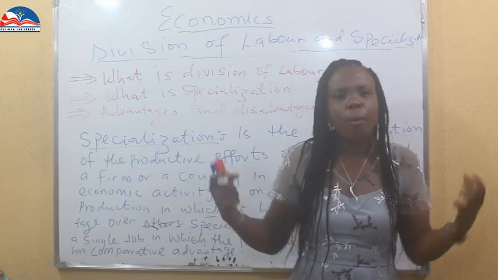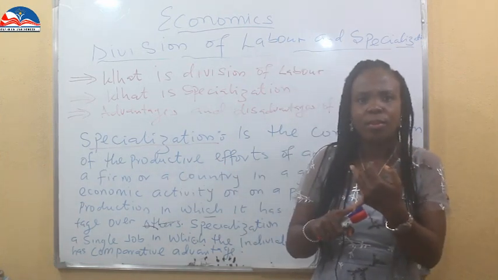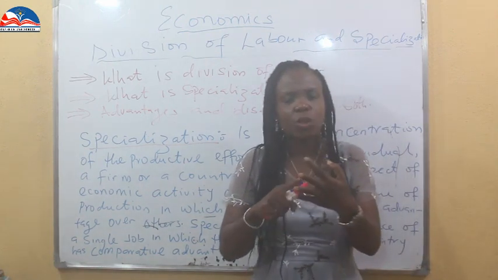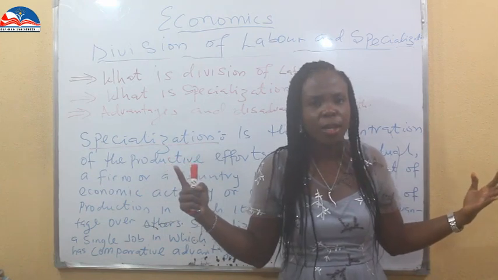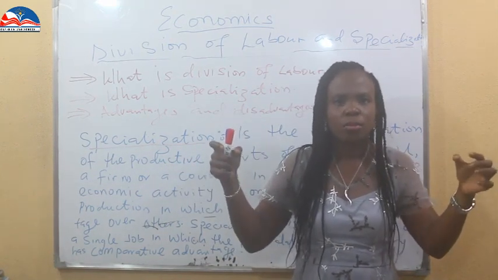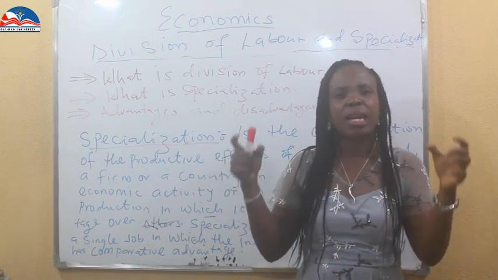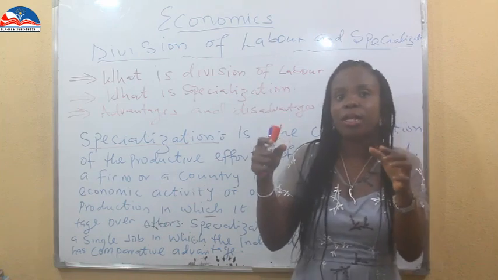So the comparative advantage they have, though they are into farming, into mining, into coal, into different aspects of agroeconomy, but they concentrate on what? On crude, petroleum products, because that is the one they have comparative advantage over.